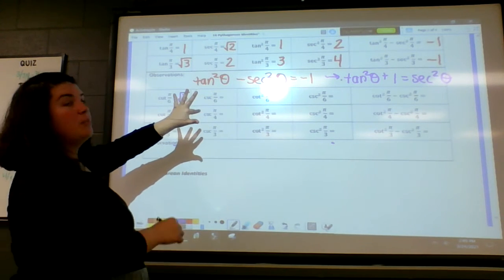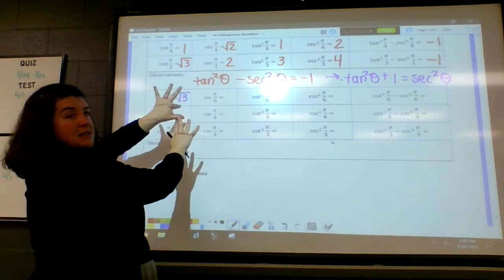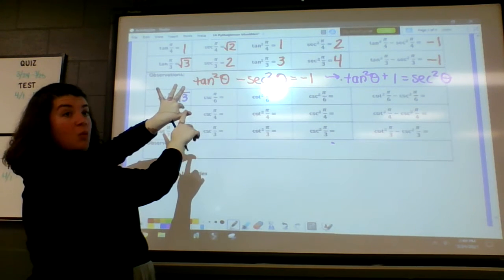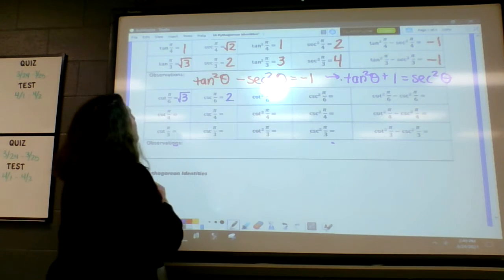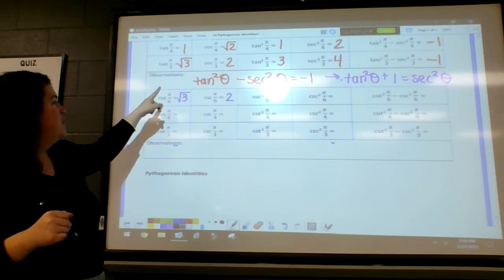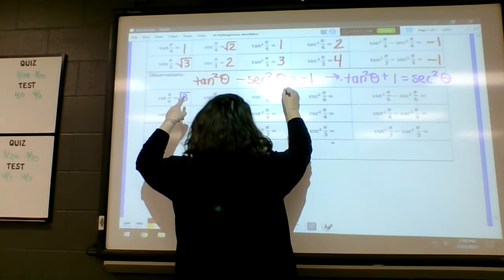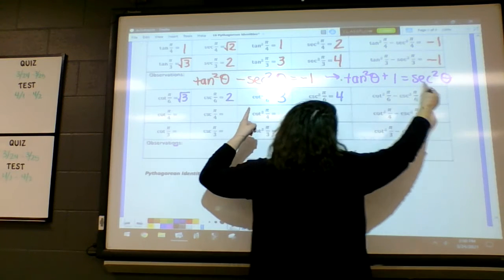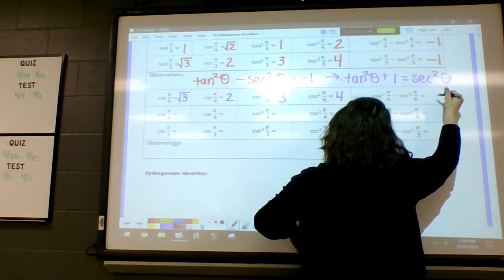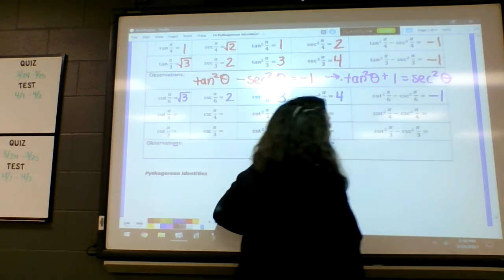Cosecant is the reciprocal of sine, so the reciprocal of 1/2, which will be 2. And then we're going to square both of these. The square root of 3 squared is just 3. 2 squared is 4. And if you subtract those, once again, this is a subtraction one, we'll get negative 1.